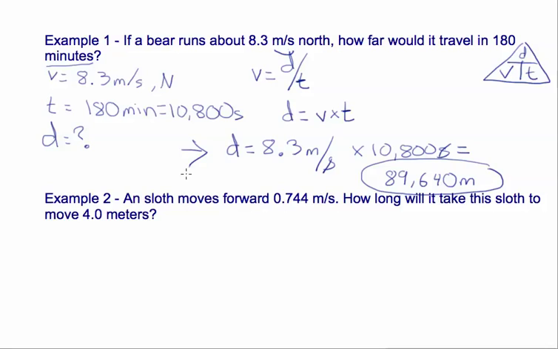Let's look at example 2. A sloth moves forward 0.744 meters per second. How long will it take this sloth to move 4 meters? So we can again look at our units, and that's a velocity.